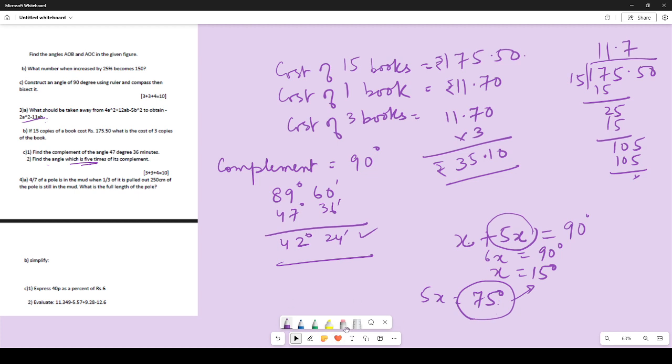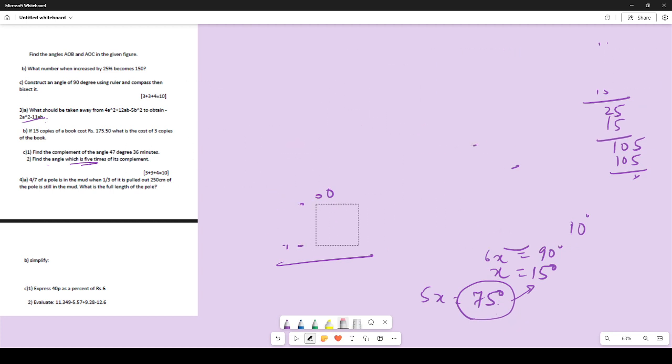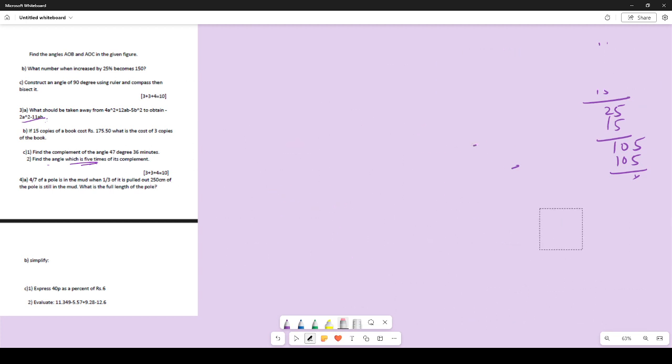Let us move on to the very last part of this, and the last question. I found that a few of you were confused over here related to the wording of the question. So let us just clarify it. 4/7 of a pole is in the mud. So the part of the pole which is in the mud is 4/7, and 1/3 of it is pulled out.